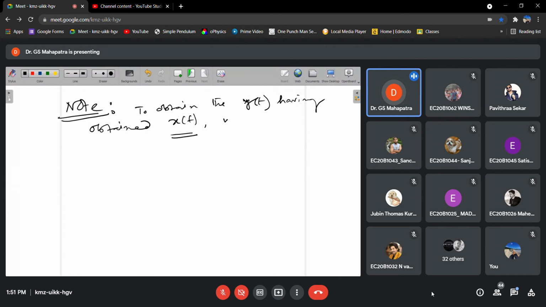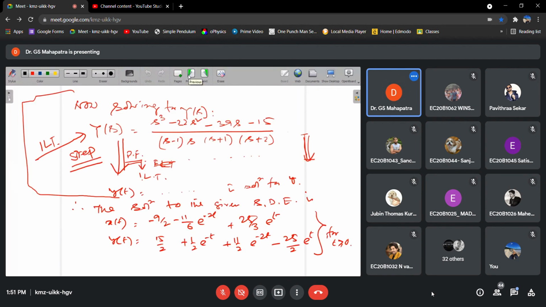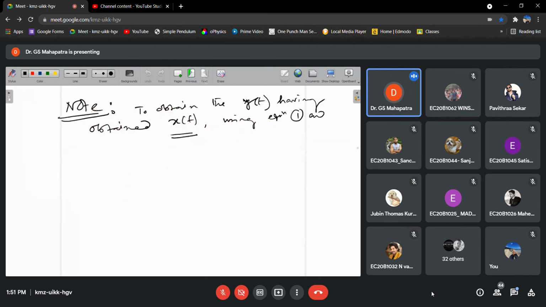Now, using equations 1 and 6, by eliminating dx by dt from equation 1.